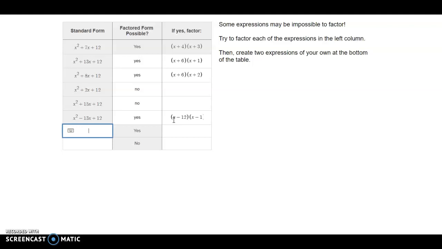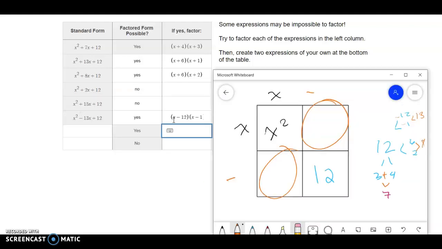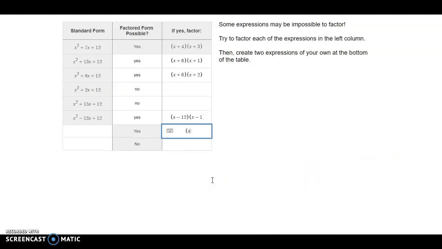So I need another similar equation that works that gives me an answer. Well, if we look back at what we had, we can actually say 3 and 4. So if I factor x plus 3, x plus 4, and honestly, however you want to write it, you can do both negatives or both positives.